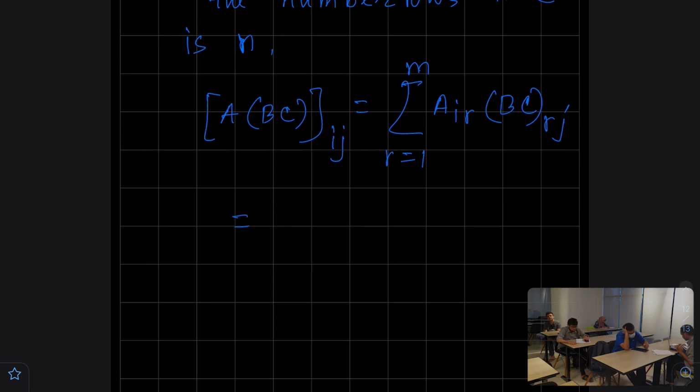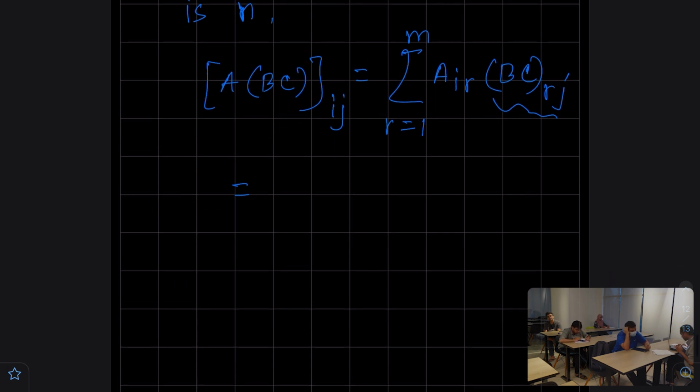Then I can expand this one as well, right? This is r equals 1 to M, A i r, summation of k equals 1 to, and what will be the limit for k?